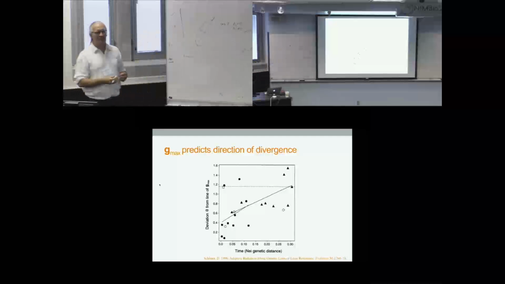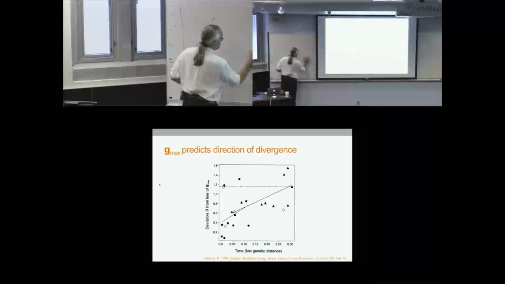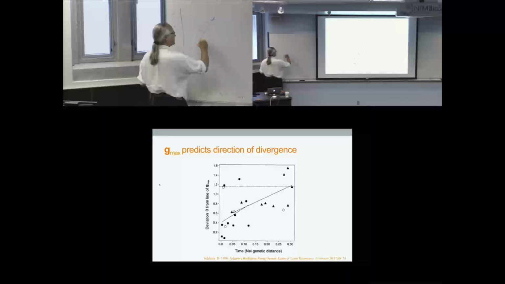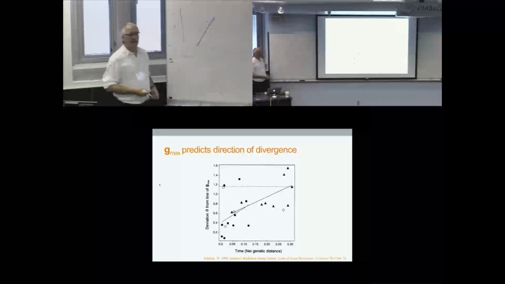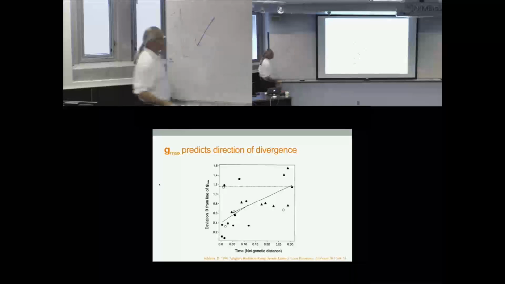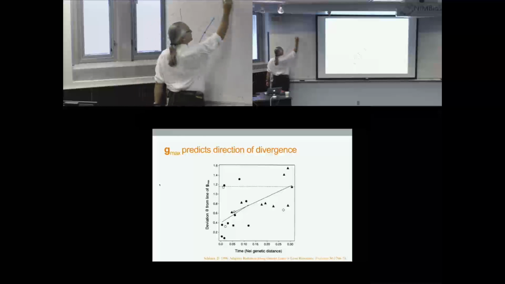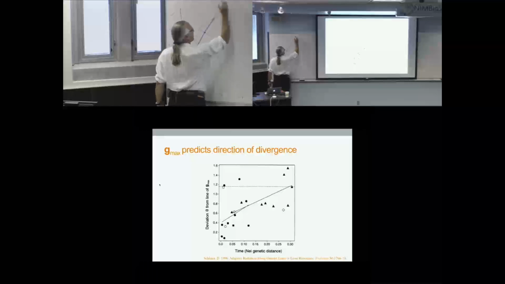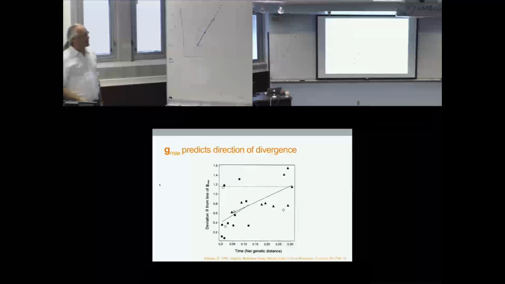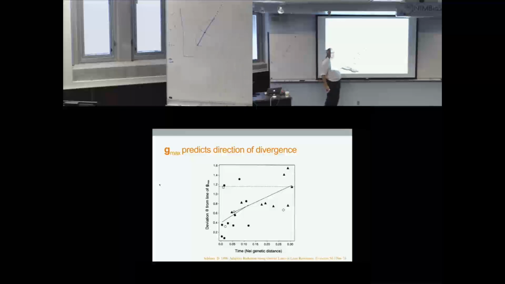So there's our G matrix, and this direction is Gmax. So if this is the mean before, and here's the mean after, if that's exactly in the same line as Gmax, that's what a zero divergence means here.